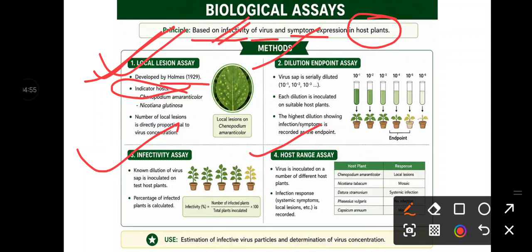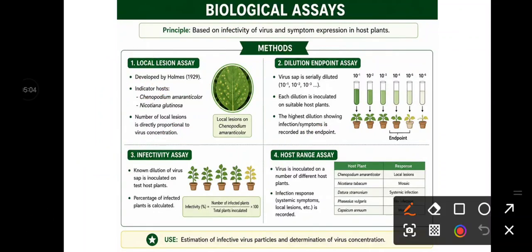So the plant will produce local lesions, and the local lesion number will be directly proportional to the virus concentration. If we count the number of lesions formed after artificial inoculation of the virus, then we can predict the virus concentration. The more local lesions, the higher the virus concentration or virus titer.